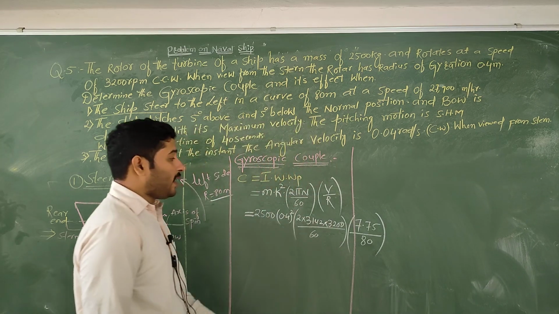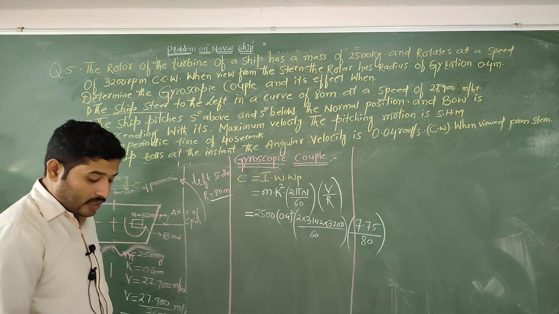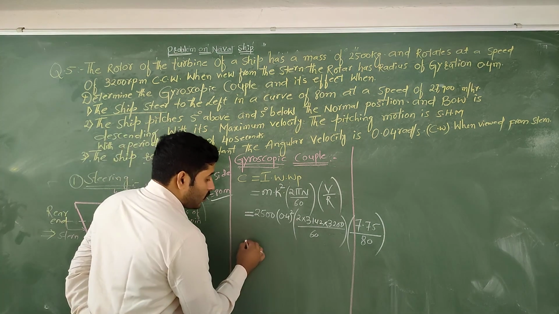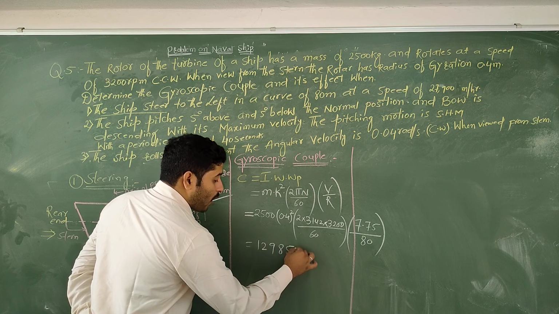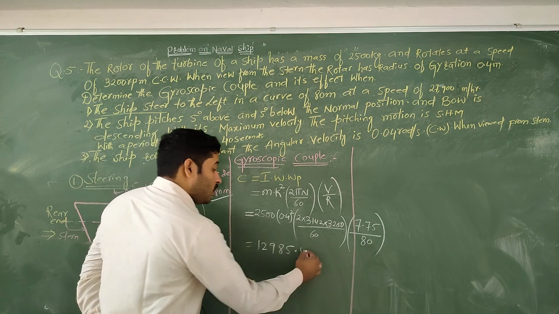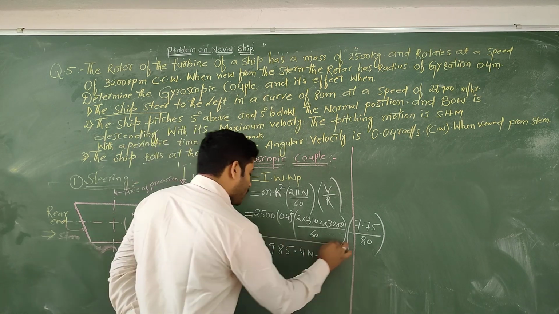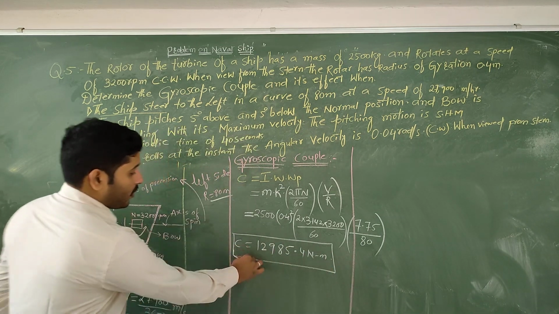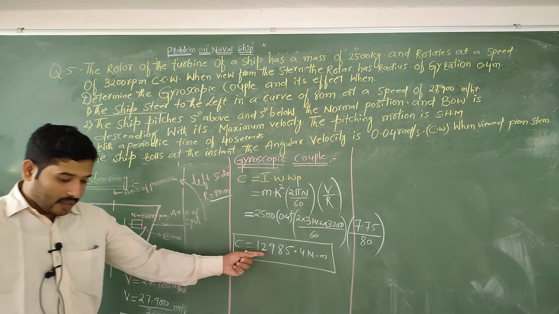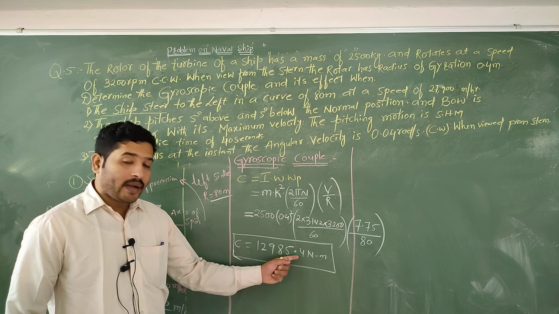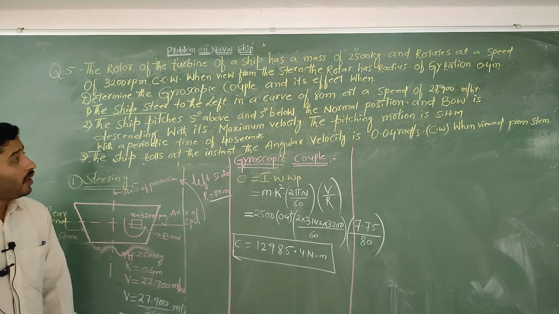Then if you calculate with the help of a calculator, you will get the answer 12985.4 Newton meter, that is the value of the gyroscopic couple.